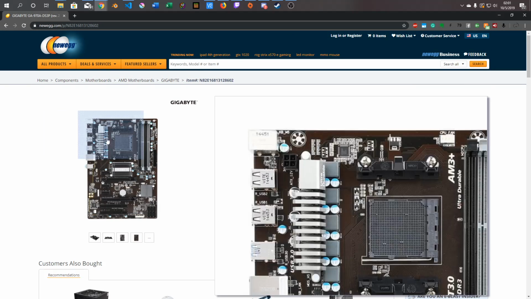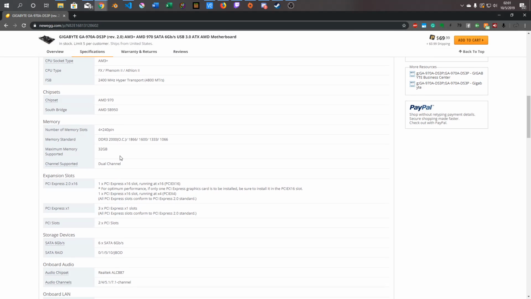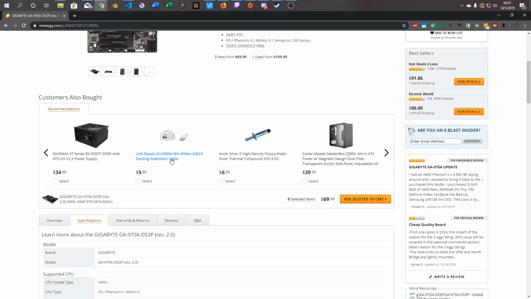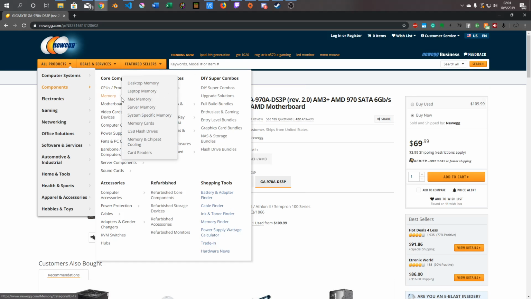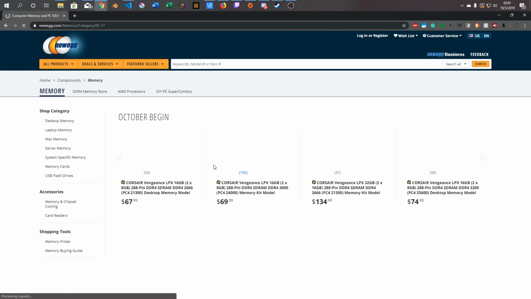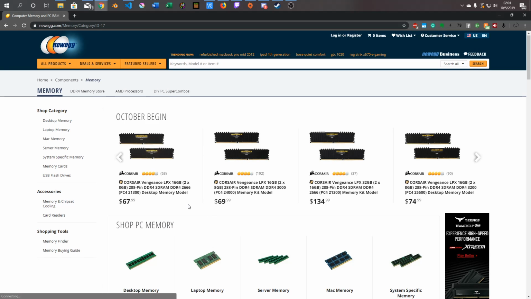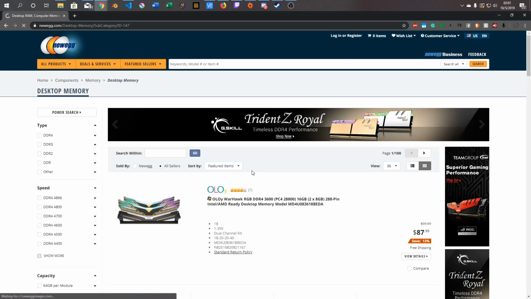Okay, so now let's see, what is this compatible with? Now that I know the memory standard, these are the types of RAM that I'm going to look for. So we're going to go to components, then memory, and then desktop memory.